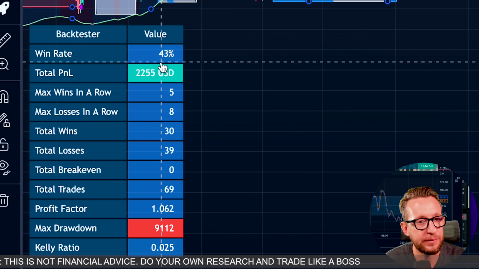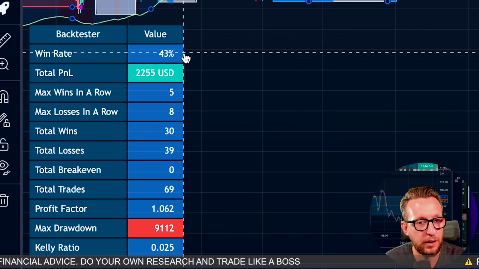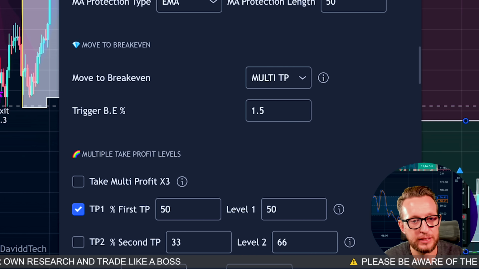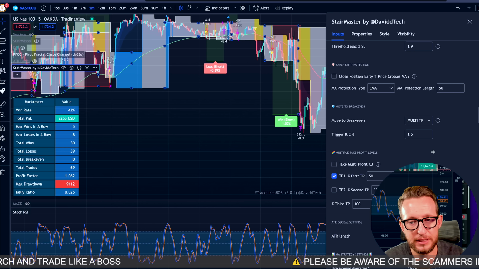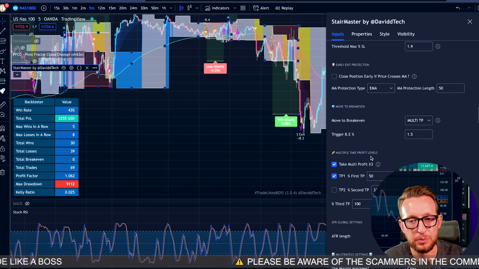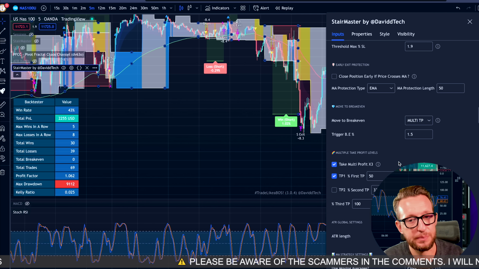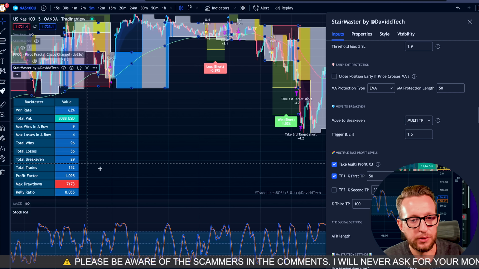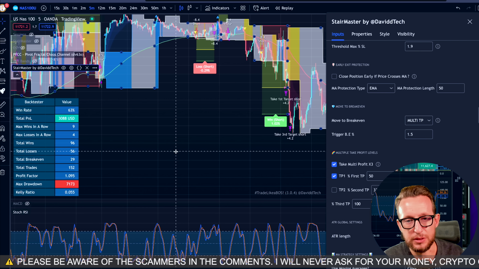We're currently at 43% on a single take profit at 1.5 risk to reward. Very profitable still, but I'll put the multiple take profit on as it potentially gives the best equity curve for me. So at least I'm trying to stay as transparent as possible.